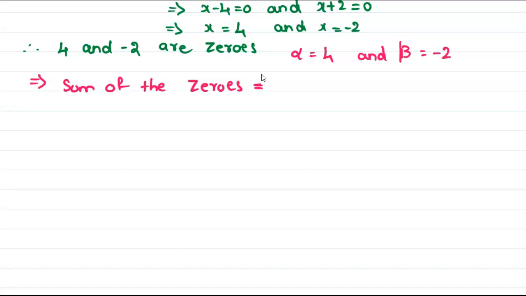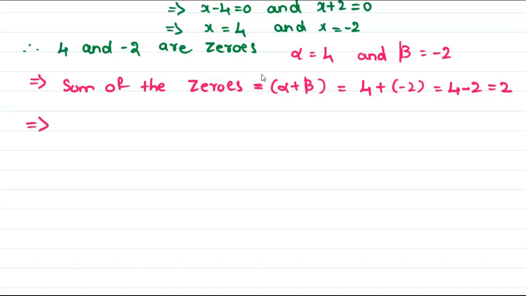Then the sum of the zeros, that is alpha plus beta, is equal to 4 plus minus 2. Plus into minus gives minus, so 4 minus 2 is equal to 2. The sum of the zeros is equal to 2.